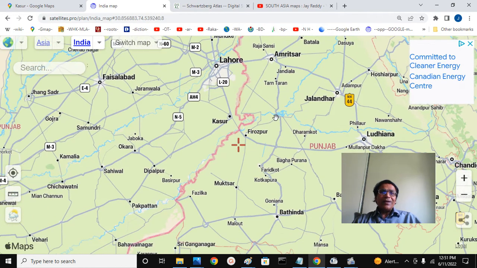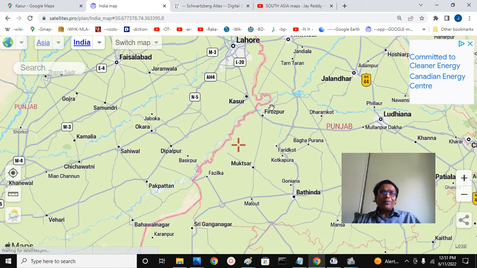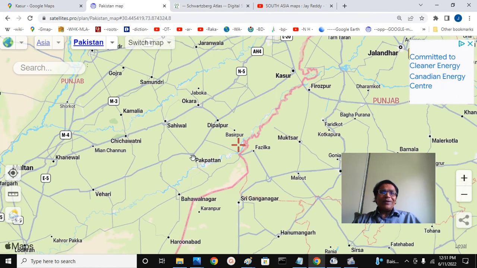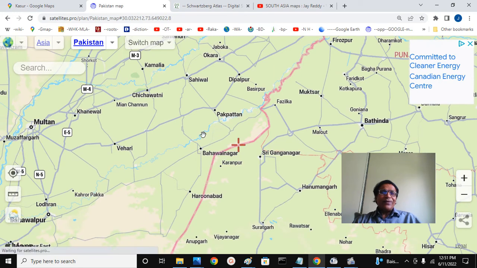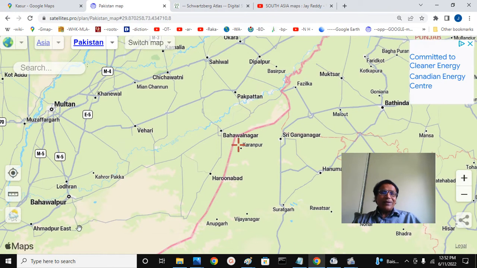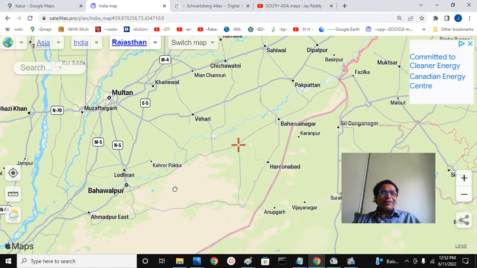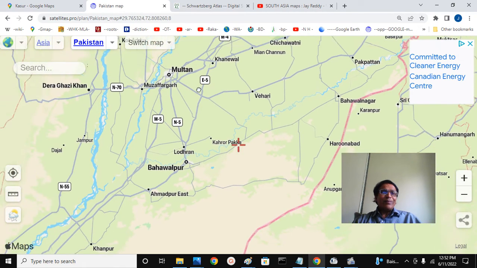This is the Sutlej river, which forms the boundary between Dar ul-Harb and Dar ul-Islam. You can see the historic Lahore district, Kasur area, and we enter into Montgomery district, that is Dipalpur, Pakpattan, Vehari, Sahiwal, Okara. The river continues and this is the princely state of Bahawalpur. There is Bahawalnagar, Bahawalpur, Rahimyar Khan will be somewhere here, and across you can see the Multan district.